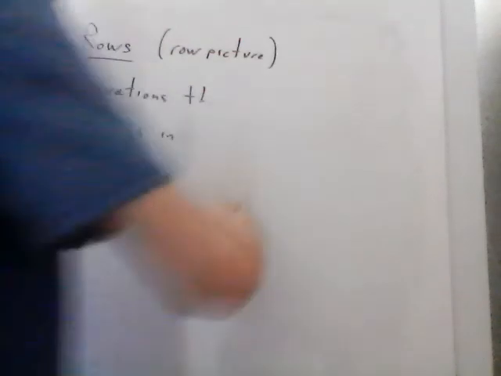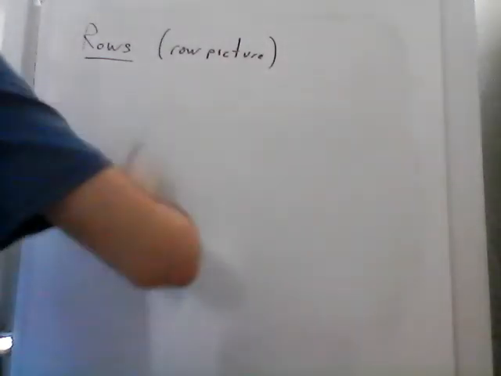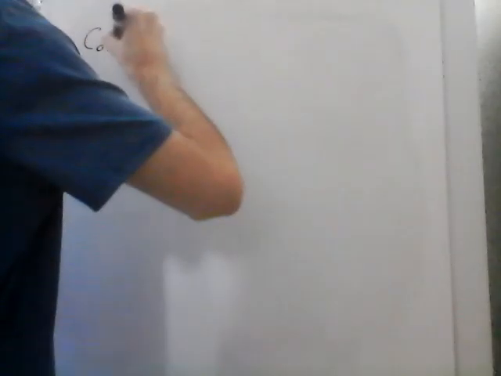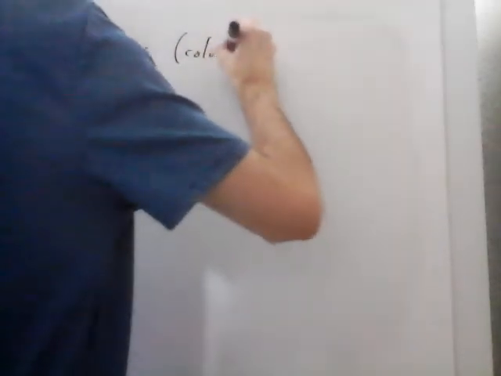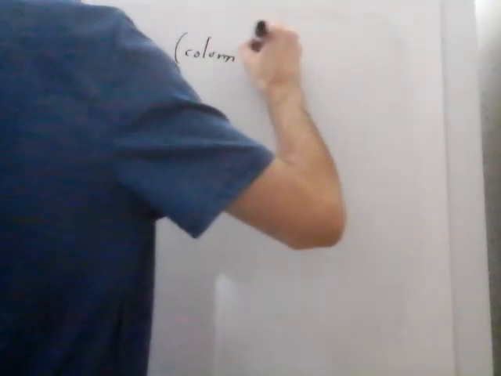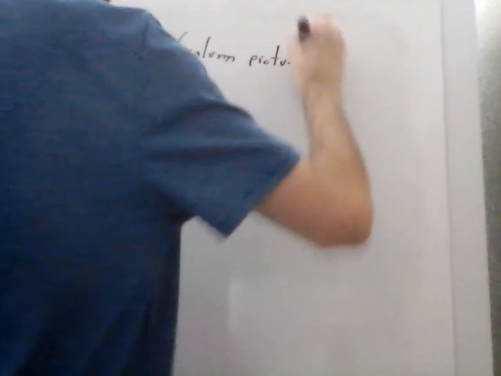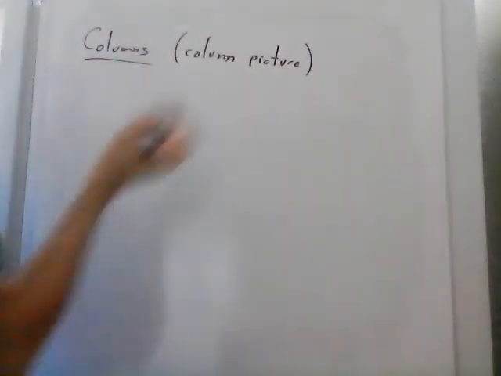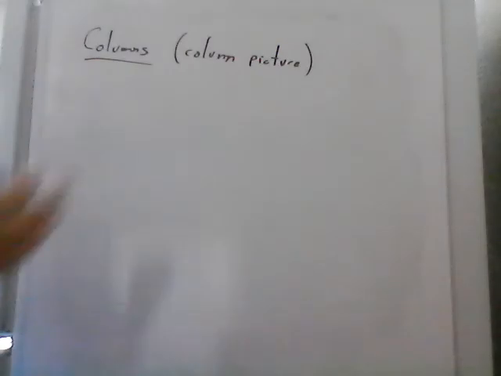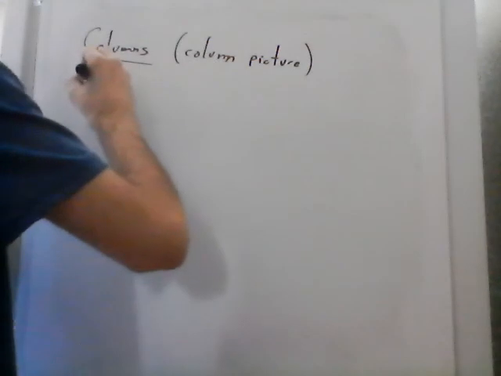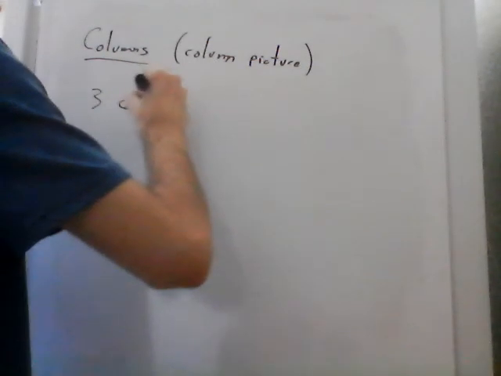What's the column picture of a linear system with 3 variables? Now we concentrate on columns to get the column picture. Since we have 3 variables, we now have 3 column vectors.